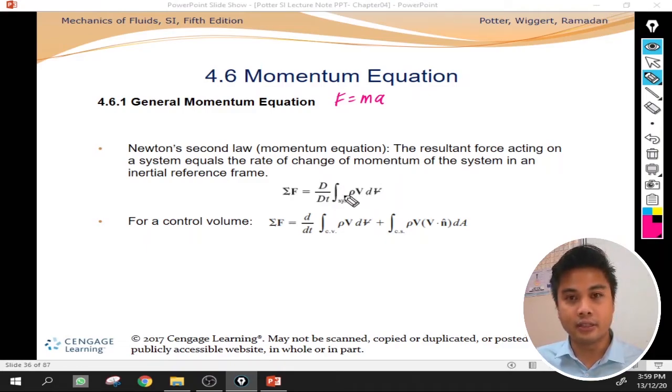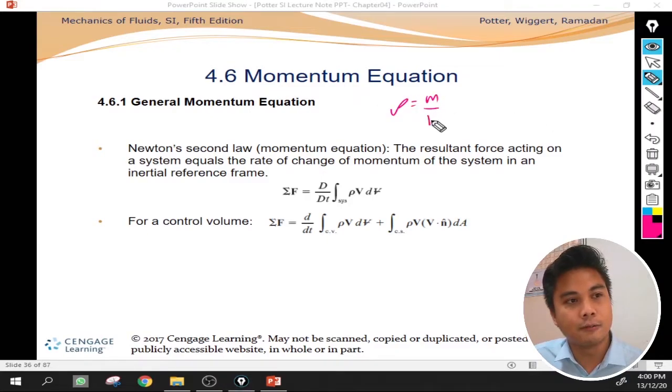However, in the integral form, we have two parts, which are the system and the control volume. This is in terms of the system, where basically F equal to ma, which is mass times acceleration. Where is the mass? Remember, density equal to mass over volume.